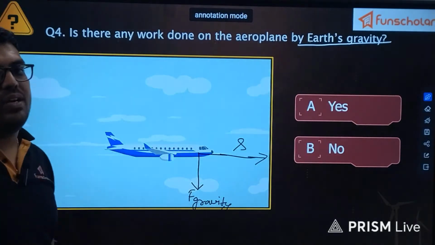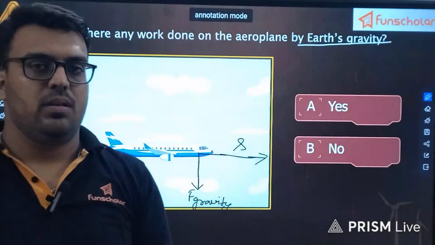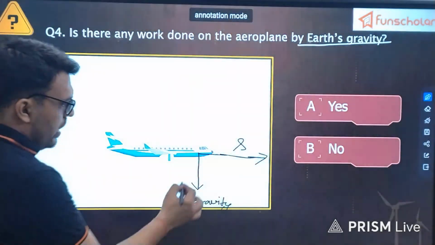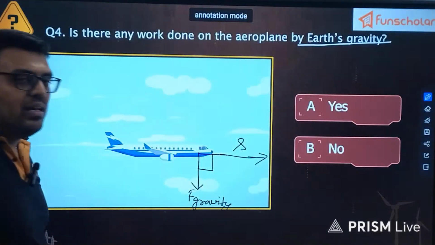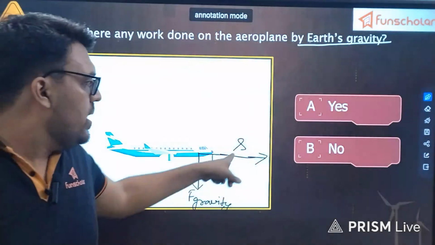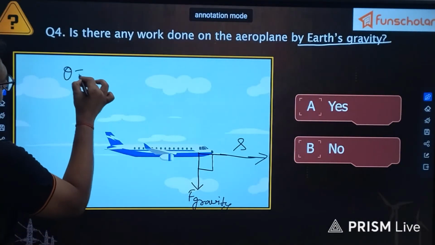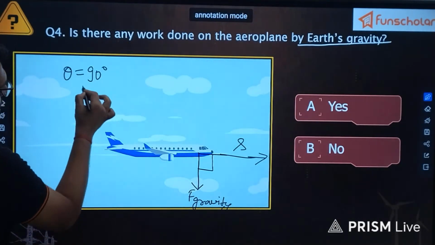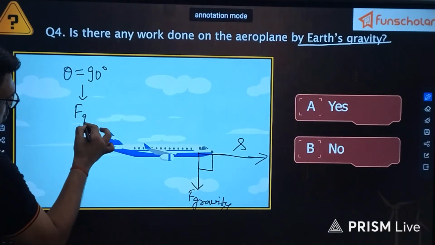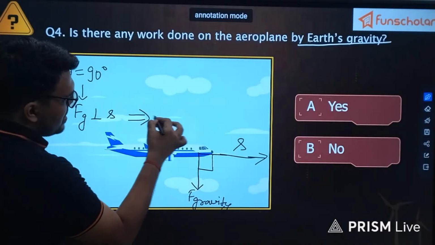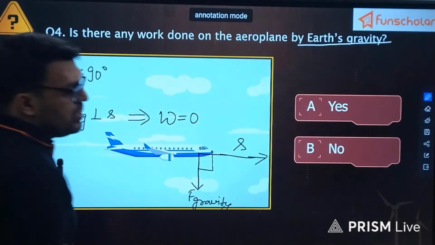Now, because of gravity, we have been asked to find out the work done. Can you get a glimpse of our discussion? If I say, what is the angle between the gravitational force and the displacement? You will say 90 degree. It means that angle is 90 degree. It also means that force of gravity is perpendicular to displacement, and when this scenario happens, the work done is zero.